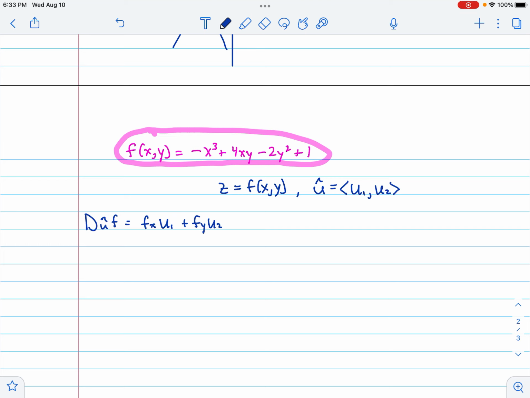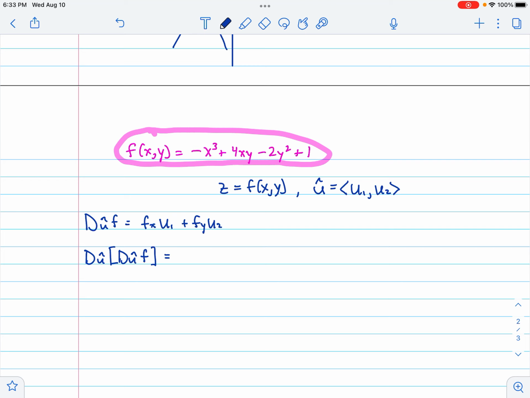So I want to find the derivative of this. I want to take the directional derivative of the directional derivative. Okay, so here we go.